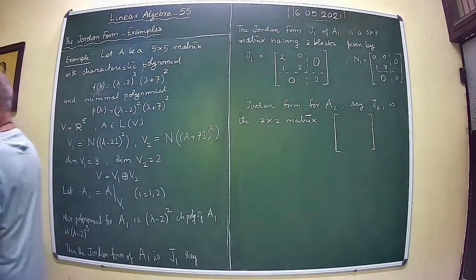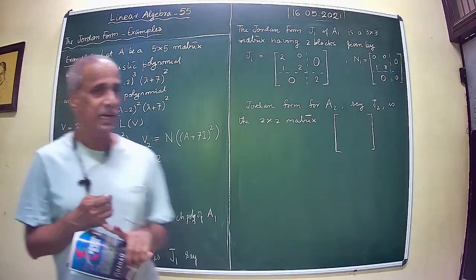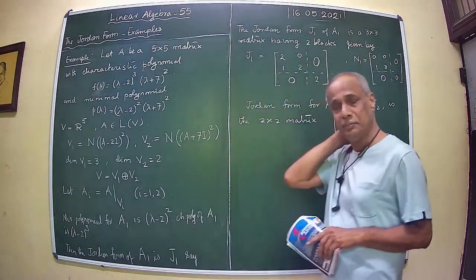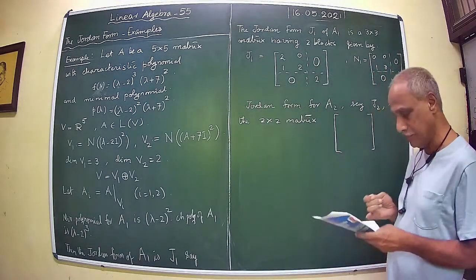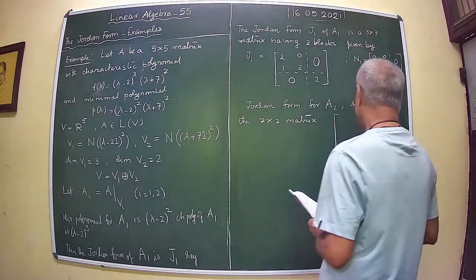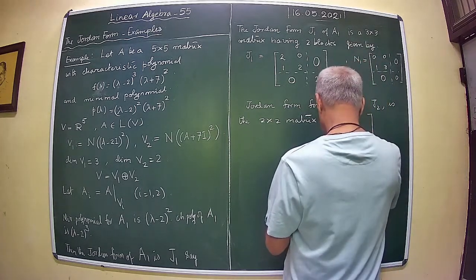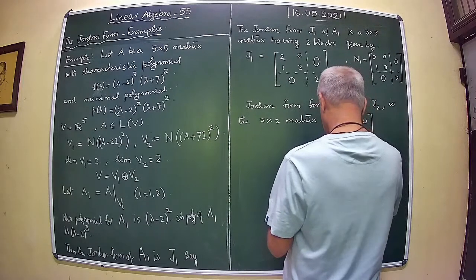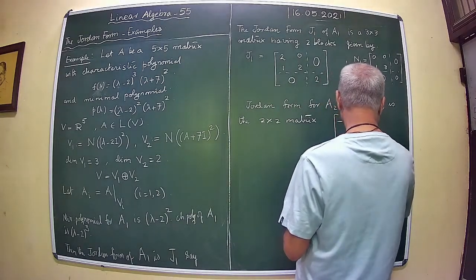The characteristic polynomial is lambda square, and so also the minimal polynomial. So they are the same. Therefore, the structure of J2 is given by this one. This is equal to -7, 0, 1, -7.